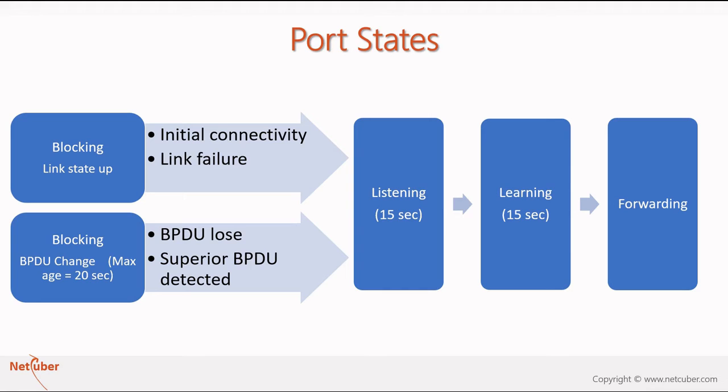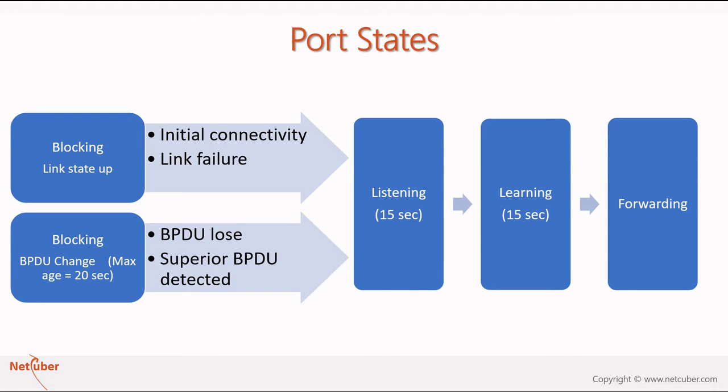The second scenario is BPDU loss from the root bridge or a superior BPDU detected. In a blocked port, if it starts losing BPDUs or receives a superior BPDU, then it waits for 20 seconds, which is the max age timer, which is actually 10 hellos.